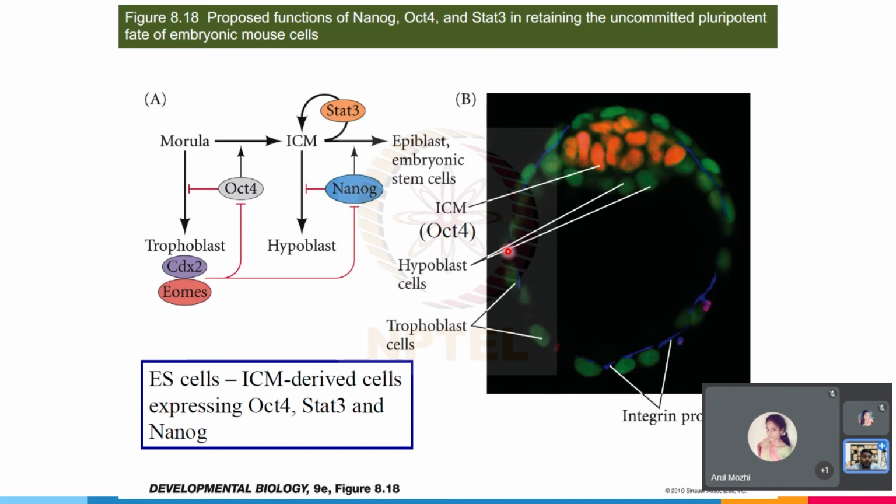And thus, from this particular diagram, we know that trophoblast expresses CDX2, the first point.